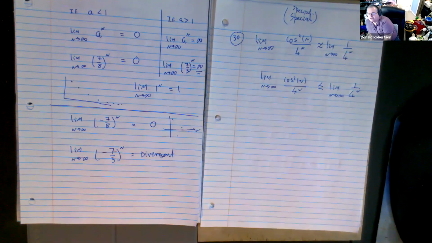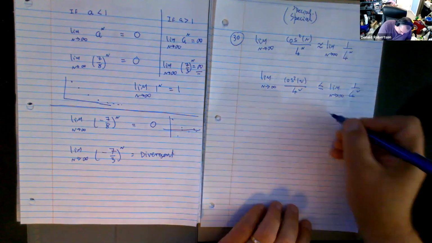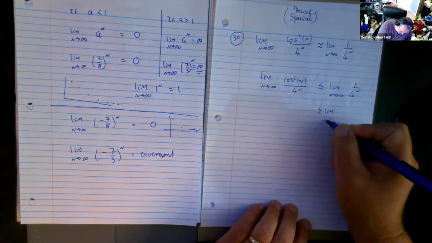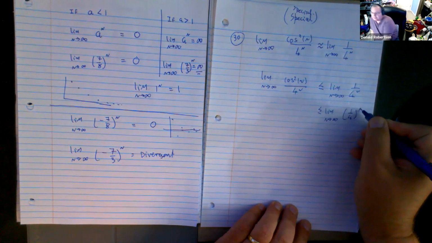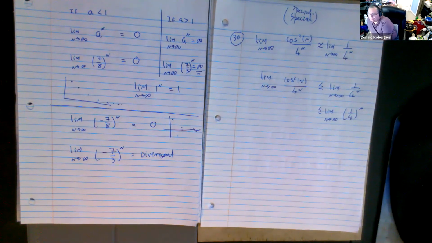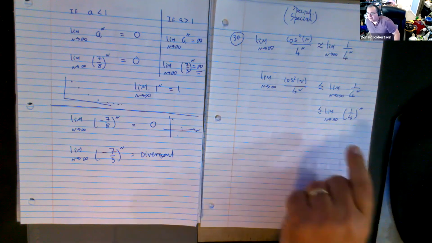Okay. So do you recognize this fella as the same thing as that fella? Couldn't you call the 1 1 to the power of n and it wouldn't change its value? And what do we know about this guy's limit?